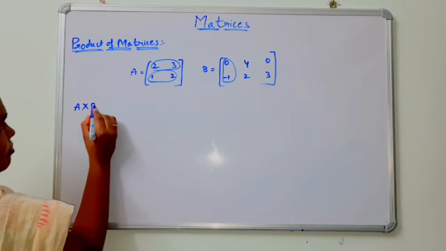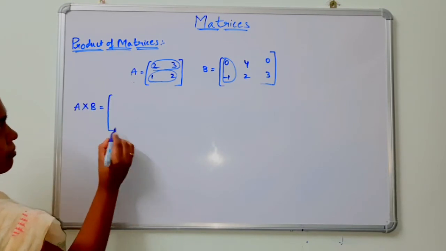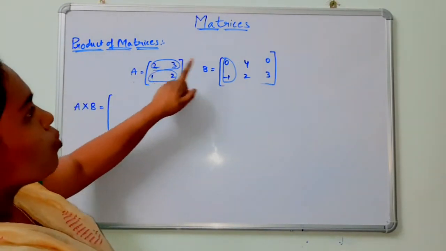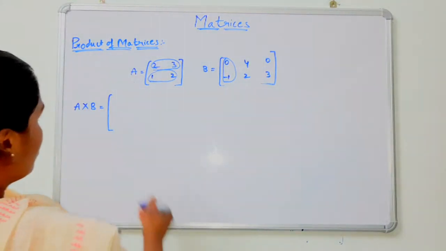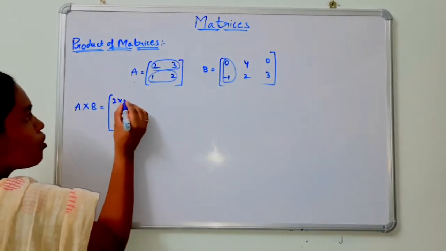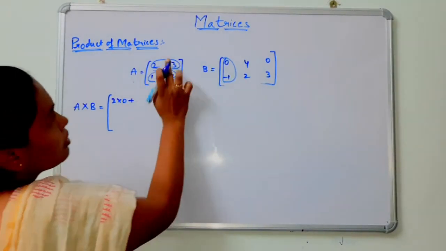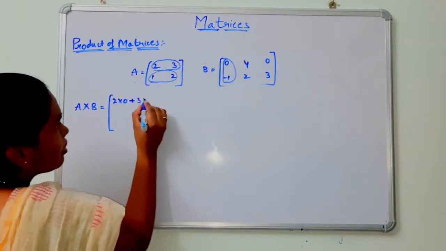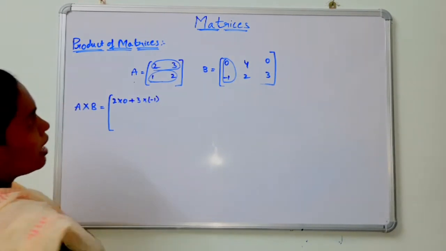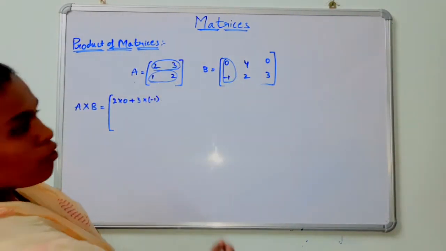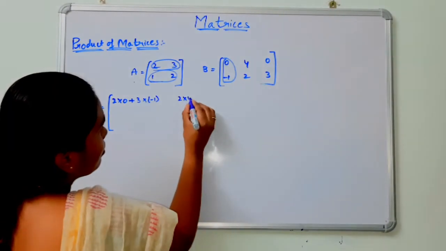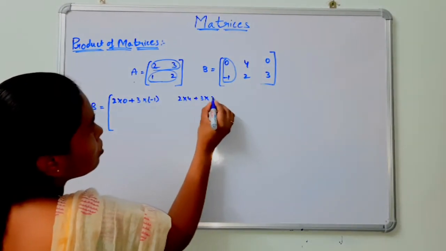A cross B is equal to, now let us see, 2 into 0, plus 3 into minus 1. What I have said, each row should be multiplied with each column. And next 2 into 4 plus 3 into 2.